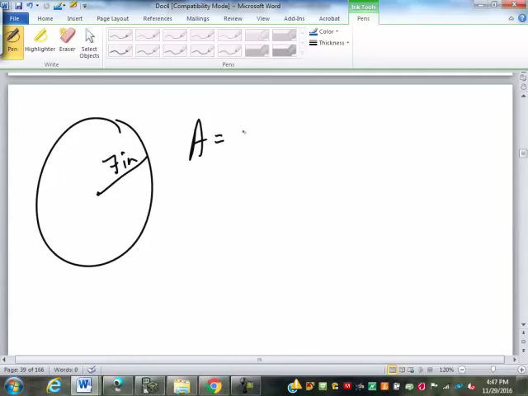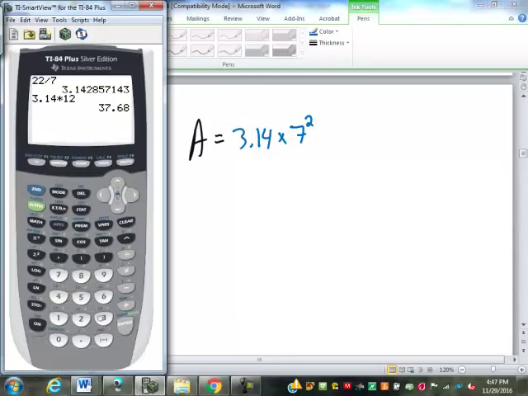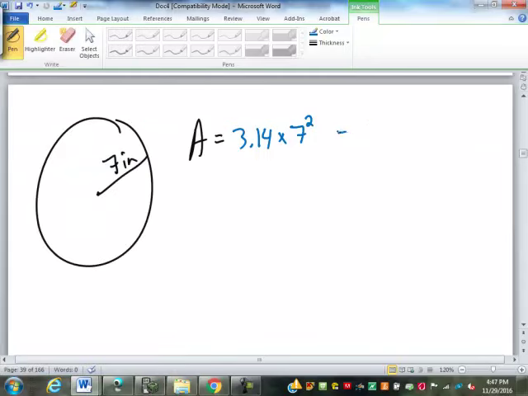So what am I going to do to find it? It's going to be pi, 3.14, times what? 7 squared. 153.86.